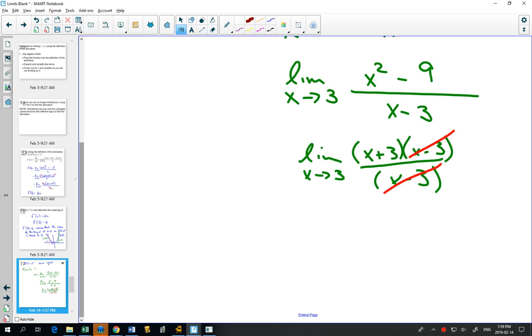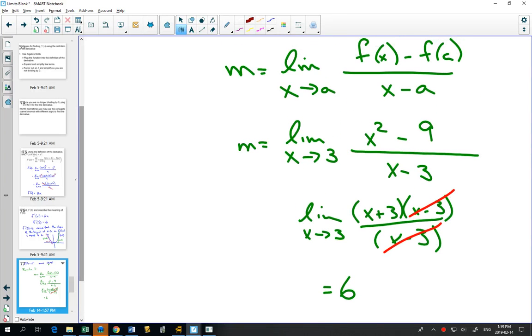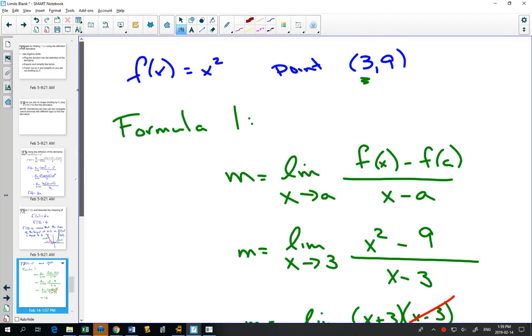And now we could plug in 3. And we got that it was equal to 6. So formula number 1 allowed us to find out the slope was equal to 6 for that specific point. Okay.